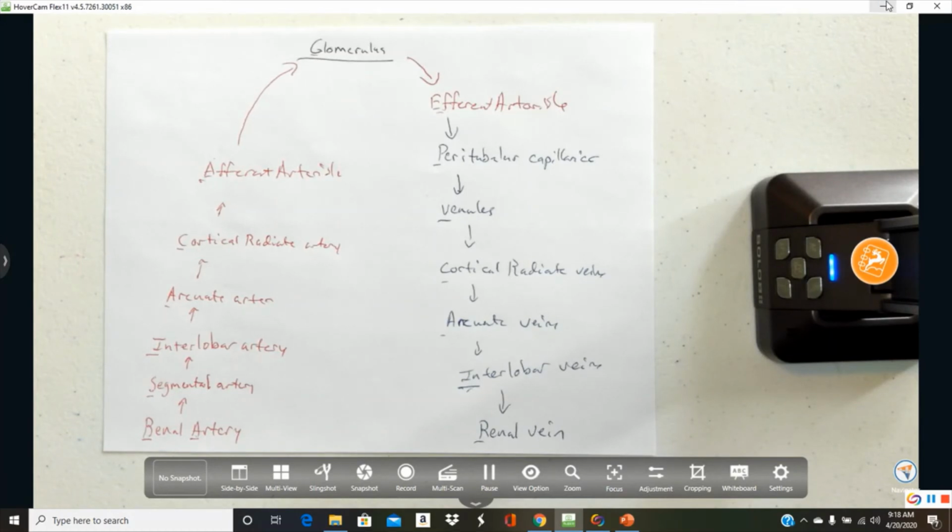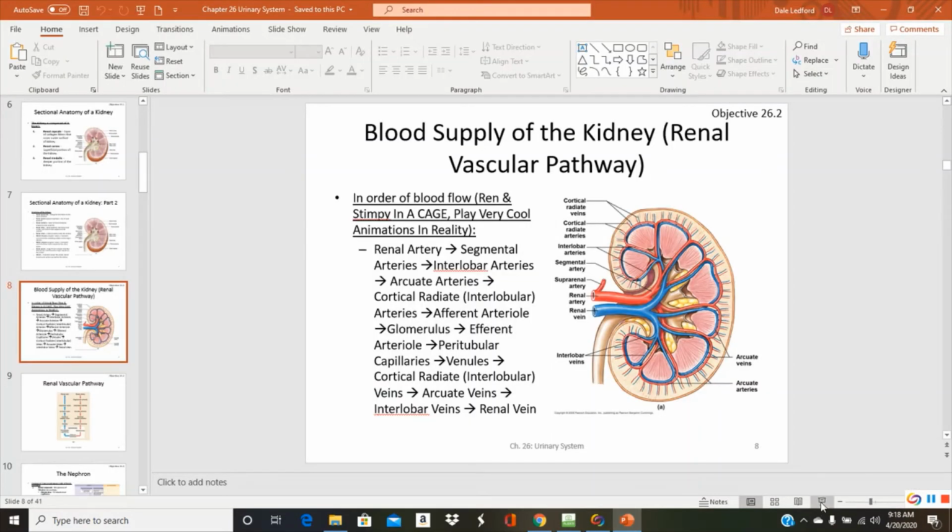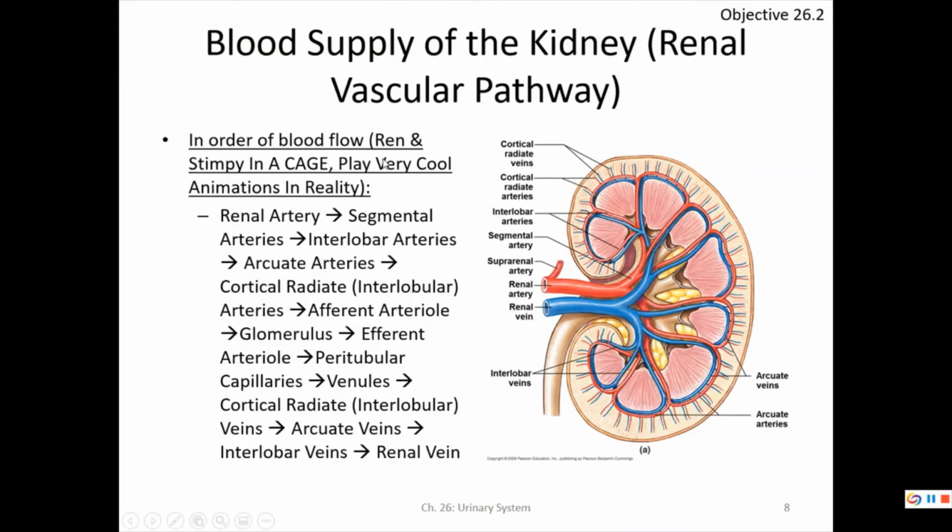Okay. Now, so Ren and Stimpy in a cage play very cool animations in reality.